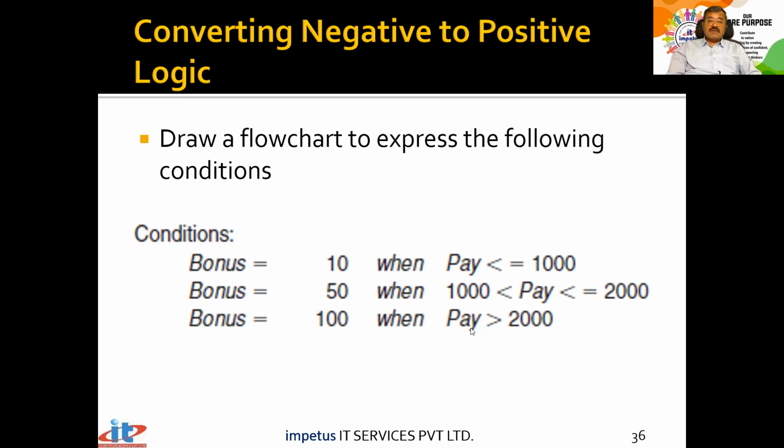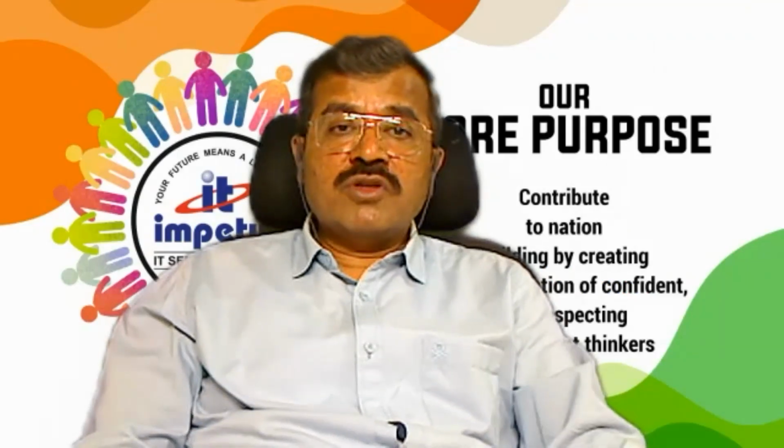Bonus is 100% when your salary is greater than 20,000. This is the condition. Now I want you to come up with the solution for it, and then we'll do an exercise where we convert between positive and negative logic.